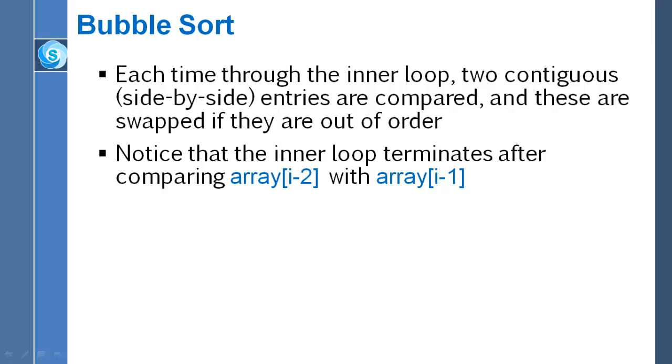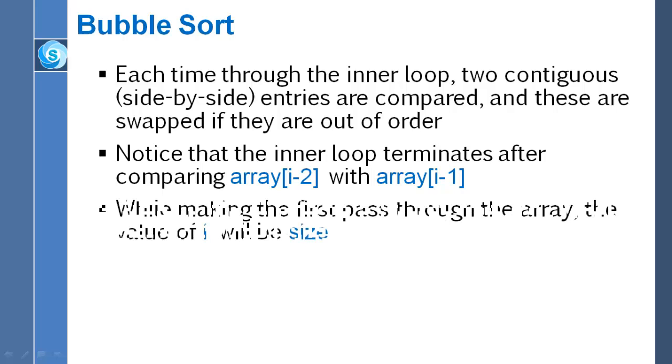That is the value of j the last time through the inner loop. So on this last time through the inner loop, we'll be comparing array[i minus 2] with array[i minus 1]. And now, of course, that's going to vary depending on i. So let's think about that. The first time through the outer loop, the value of i will be size.